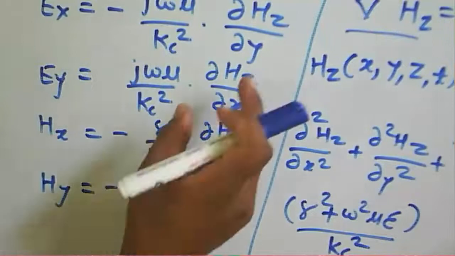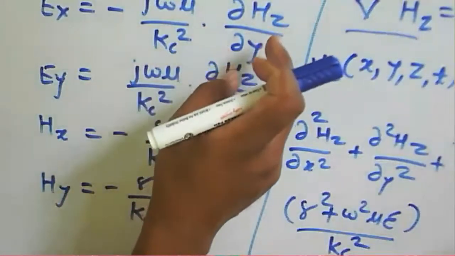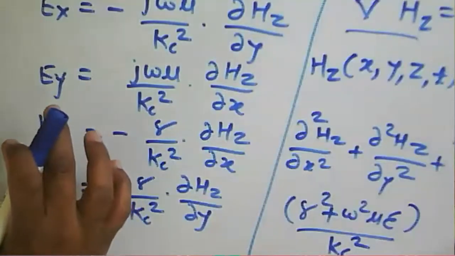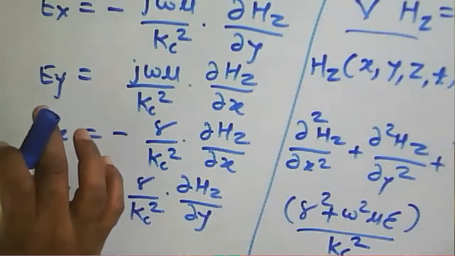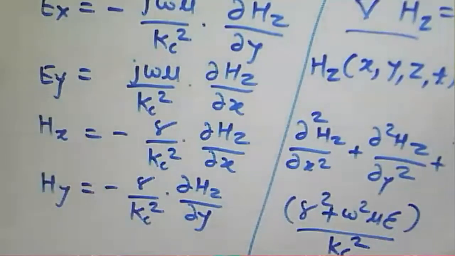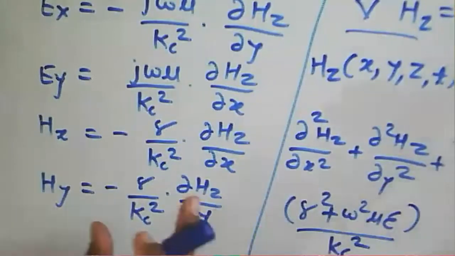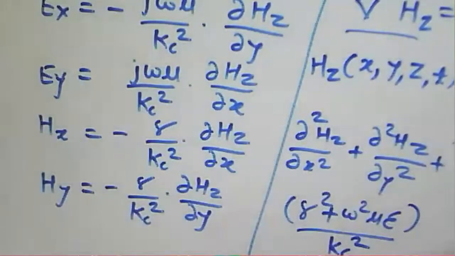Once Hz is obtained, we get the Ex, Ey, Hx and Hy components. So that is the way to obtain the expressions for the electric field components and magnetic field components.